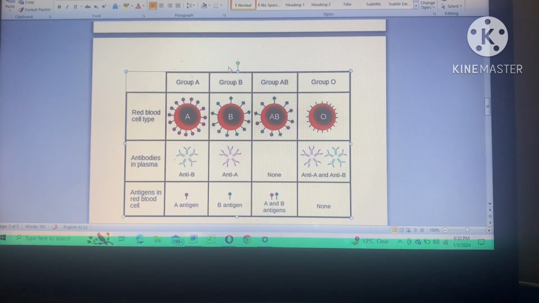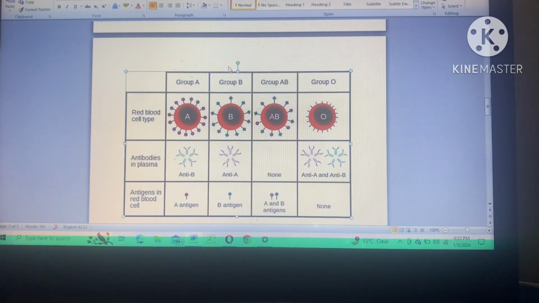Okay, so let's jump into it quickly. Now let's come to blood grouping. As I've said, when we say the blood is group A, what does it contain? On the surface of RBC it has A antigen, but in the plasma of that blood there will be anti-B antibodies.